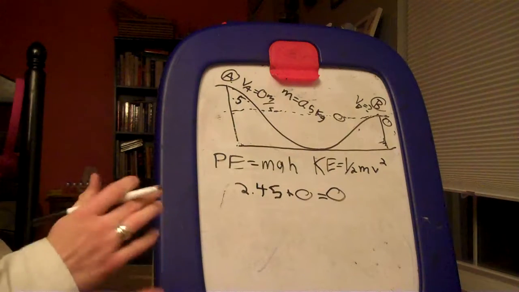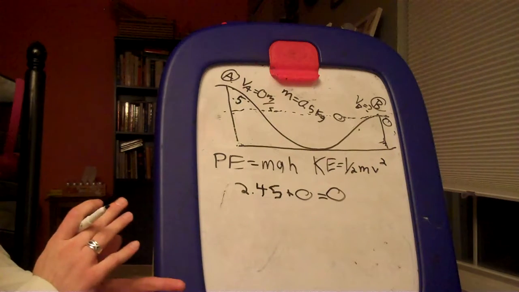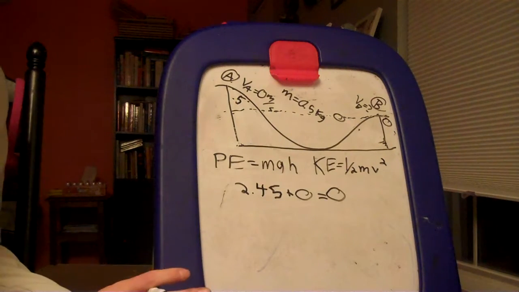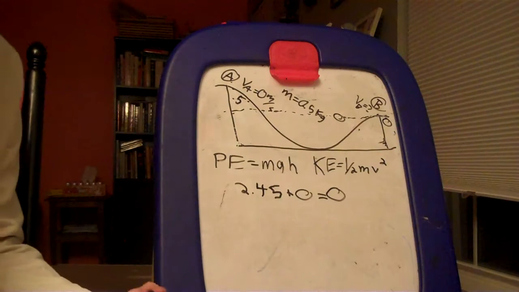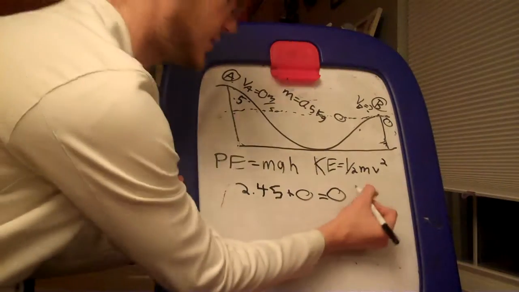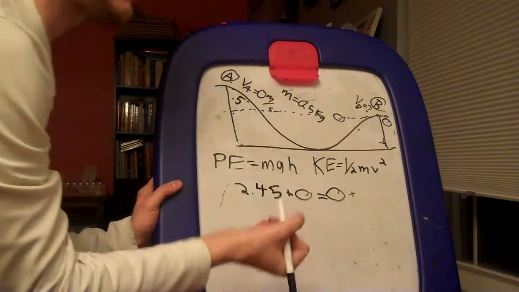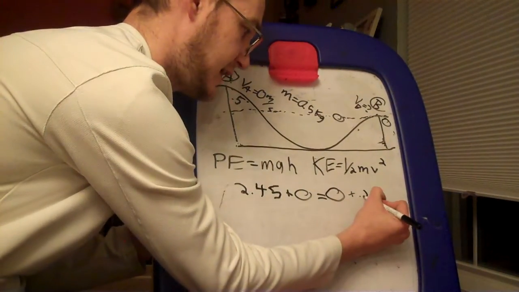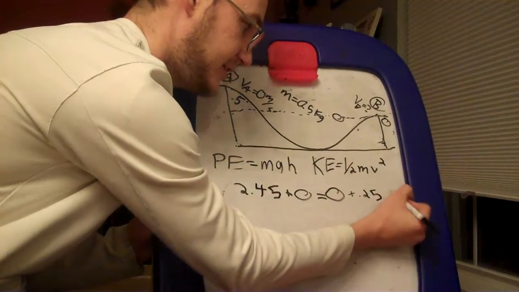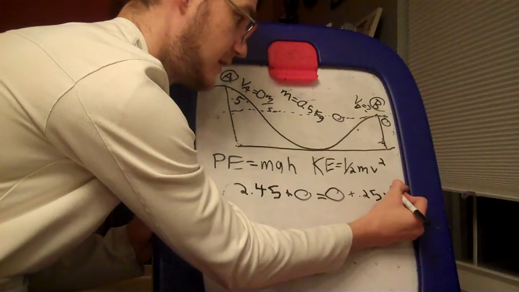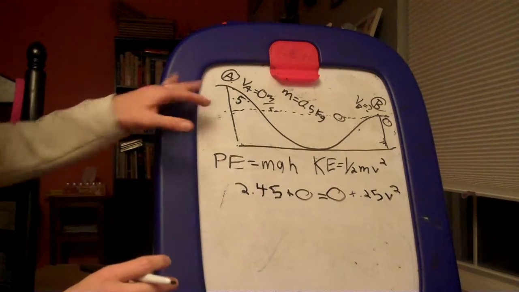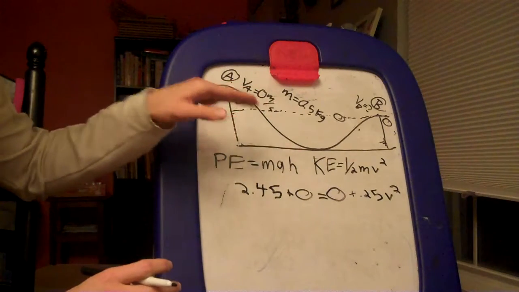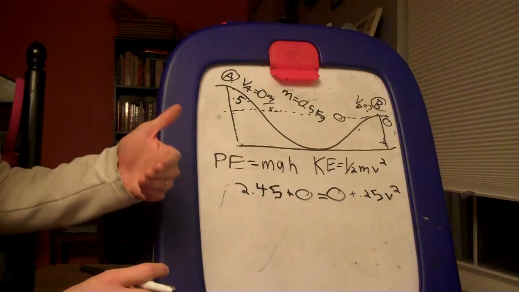And my kinetic at B hasn't changed because the kinetic energy is not impacted at all by the potential, because potential is height above some 0. Well, kinetic is just speed, and the speed hasn't changed. So plus 1/2 times 0.5, which is 0.25, times v squared. Notice that the math is a little bit easier here. By picking a little bit harder height of 0 value, I made the math a little bit easier.